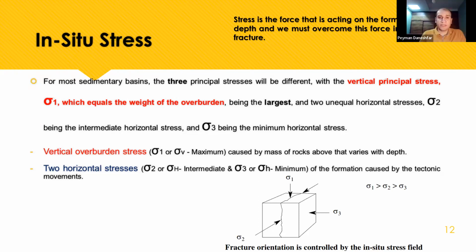If you can see here, this is the condition of the stresses in a rock: the overburden or vertical, sigma 3, and also sigma 2. As I can show you with my Rubik's cube, this is the overburden or vertical.